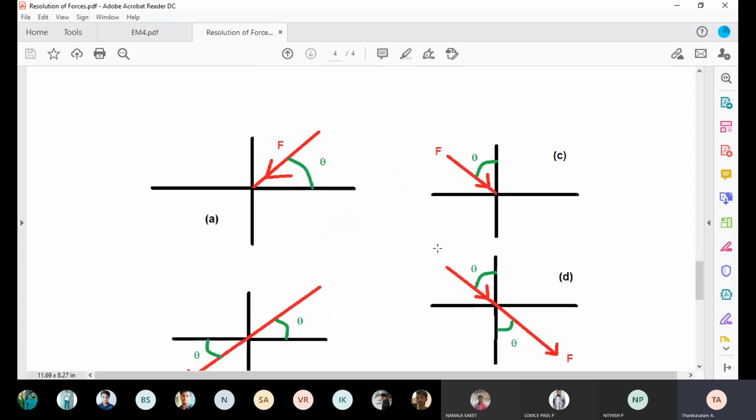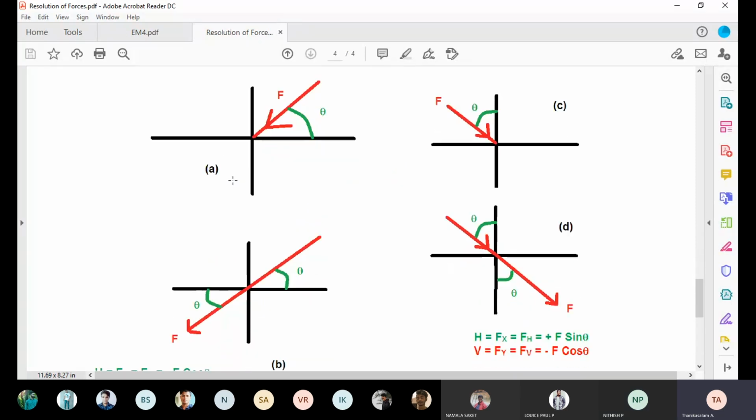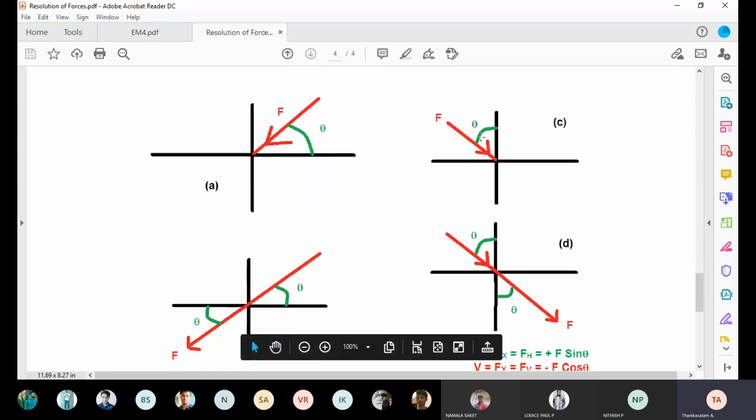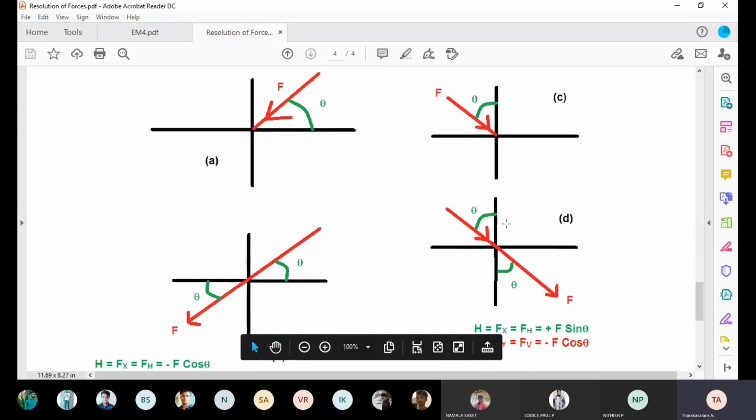Now see the second diagram. A and B I explained. Now see C and D. Nitish, can you tell whether this force is lying in the second quadrant? The C diagram. No, sir, the fourth quadrant, sir. Yes, it goes there. You have to project while solving the problem. It goes to the fourth quadrant. Theta is along the y-axis, so when projecting also, theta must be along the y-axis.